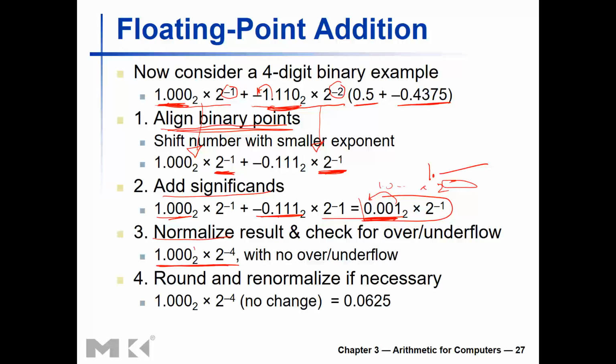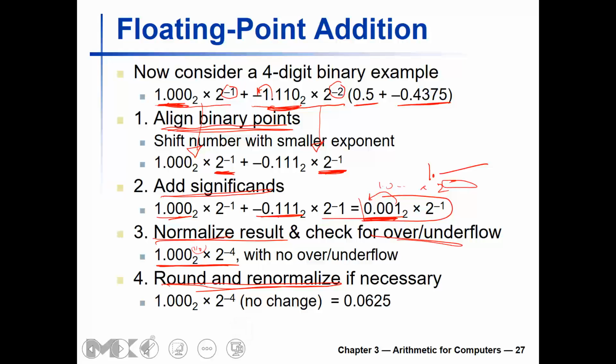If there is a 1 or a 0 here at the end, we need to do the appropriate rounding, and sometimes rounding triggers renormalization. So these are the steps of addition: align the binary points, add significands, normalize, and of course check for overflow and underflow, and then round and renormalize.